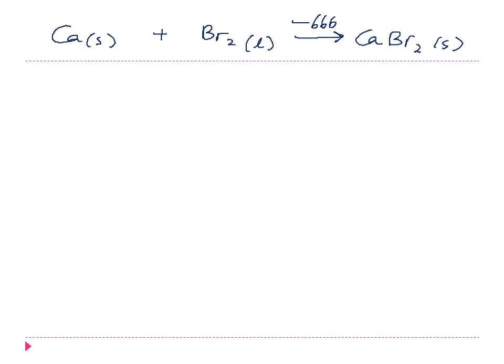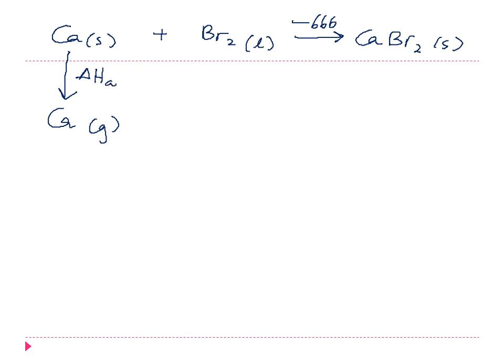Okay, and then we are going to form calcium atom in the form of gas. So this is the enthalpy of atomization of calcium, the one that we need to find, delta HA for calcium.